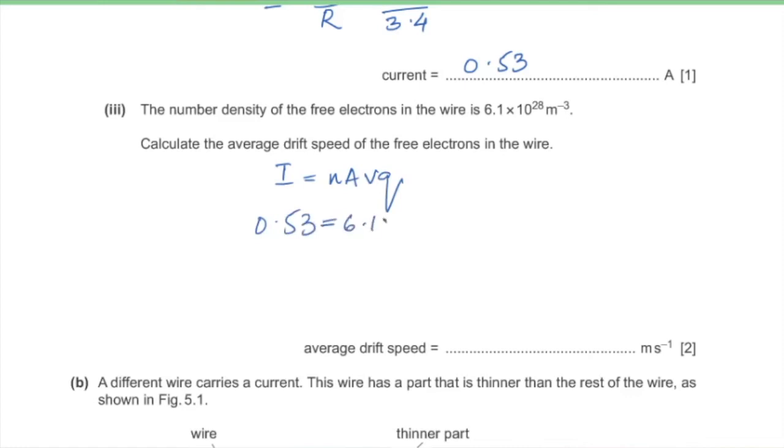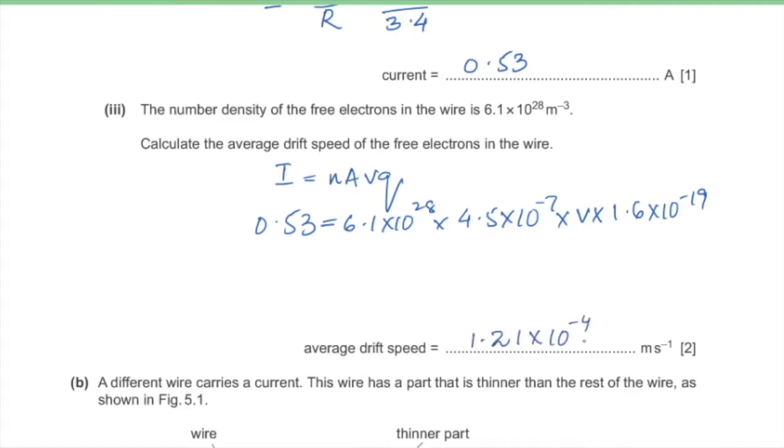Number density is 6.1 into 10 to the power of 28. And the cross-sectional area is what we calculated in part 1, so that is 4.5 into 10 to the power of -7, into drift speed, into a charge for a single electron, 1.6 into 10 to the power of -19, and you get an average speed of 1.21 into 10 to the power of -4 meters per second.